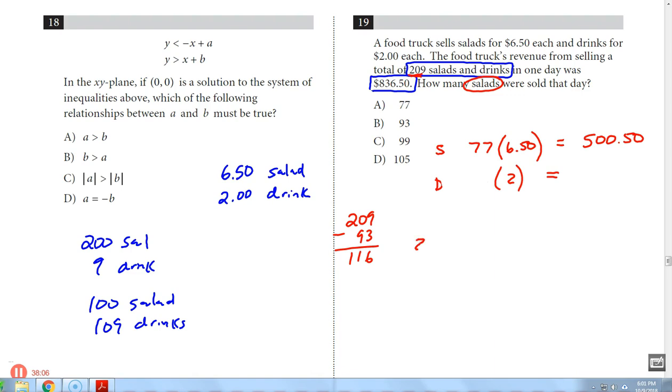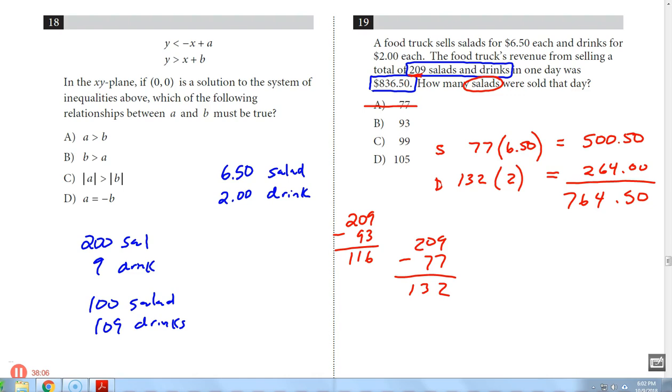Well, if I sold 209 things and I take away 77 salads, when I subtract, that would leave me 132 drinks. And 132 drinks at $2 a piece would be $264. And when I add that up, I would be short. It would only come up to $764. So that's how I would know that A is wrong, and I need to increase my number and go up a little bit more in salads.